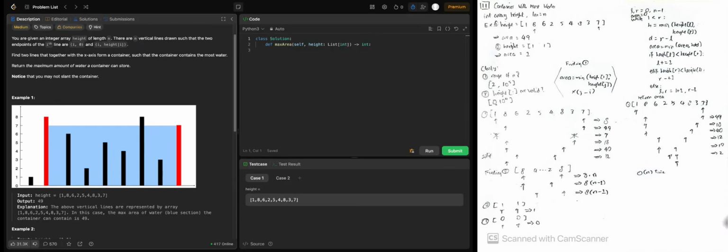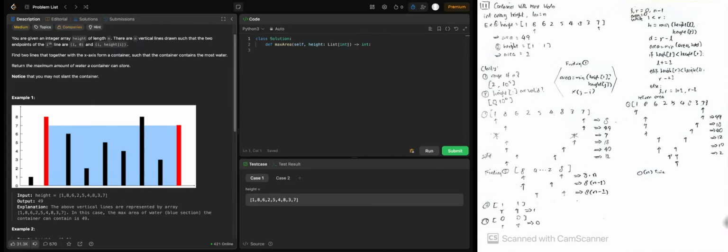Then we see that if we move the left one to the right, we would have 8 and 7. This would give us the maximum.